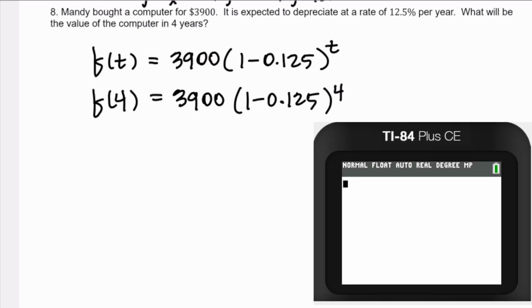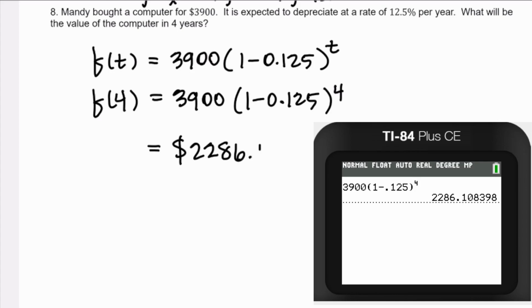So I'm going to type this expression in just like I'm seeing it, and let the calculator do the work. And see that that is going to be $2,286.11. $2,286.11 would be the approximate value of the computer after 4 years.